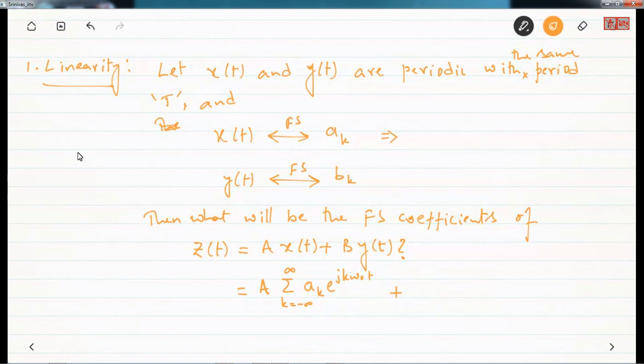So this implies that x of t is ak e power j k omega naught t. When x of t's Fourier series coefficients are ak, that means x of t is summation ak e power j k omega naught t. Similarly, when y of t's Fourier series coefficients are bk, y of t is summation bk e power j k omega naught t.